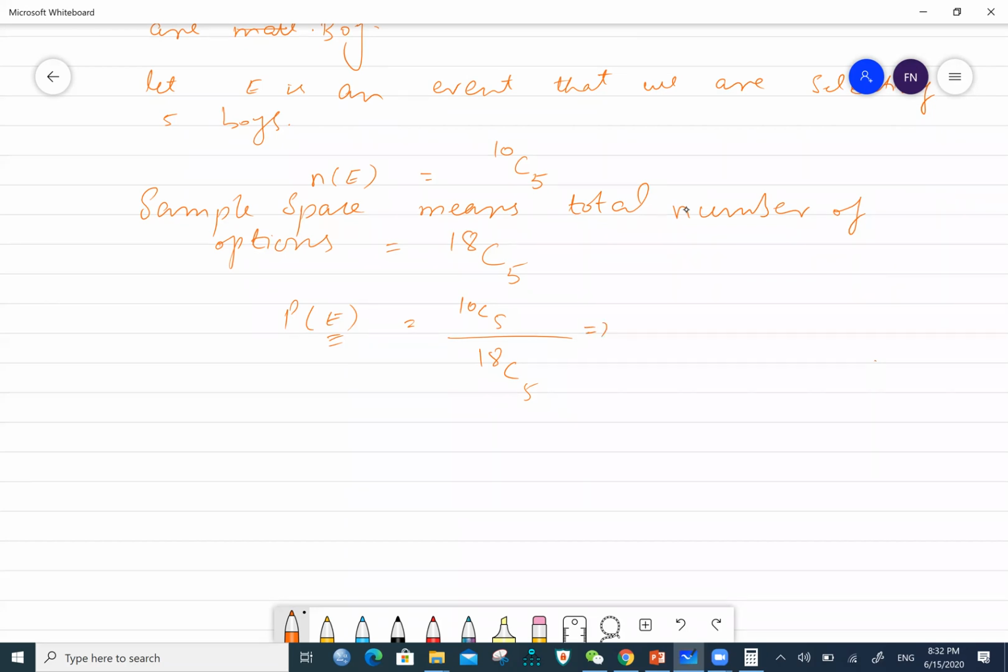What is 10C5? 252. 252 over 18C5, which is 8568. So that is your probability. You can divide them and you can get the probability. Is that clear?